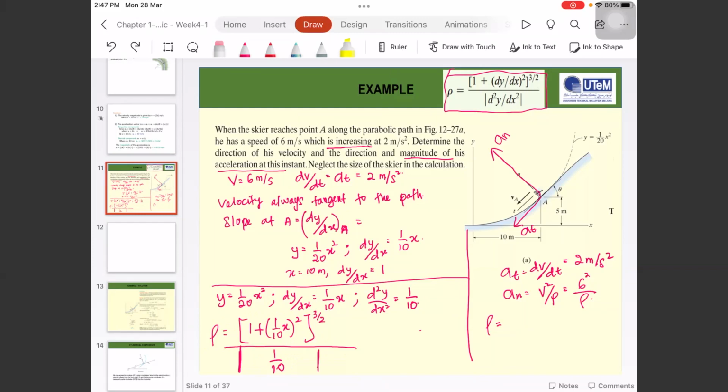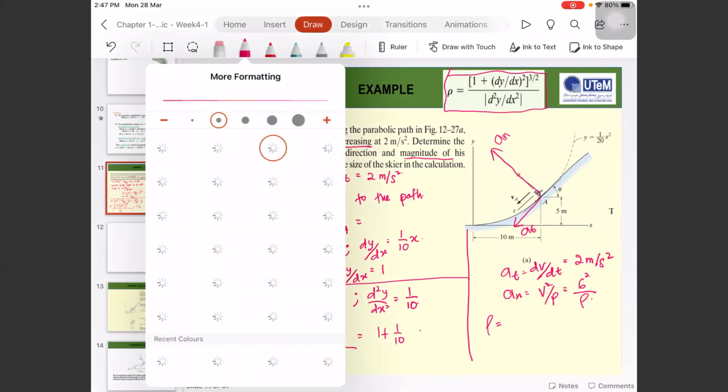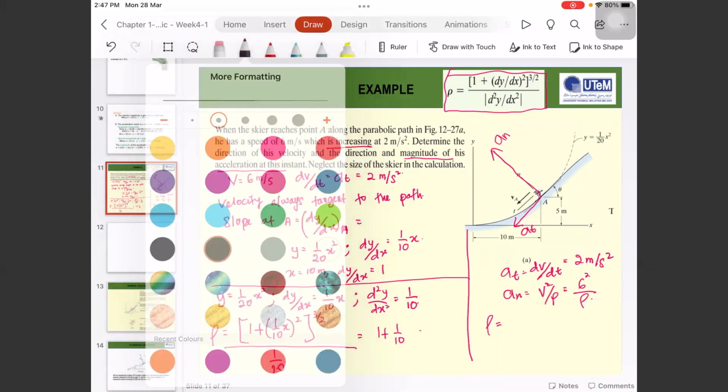Apa nilai x ni? Which x you must include here?